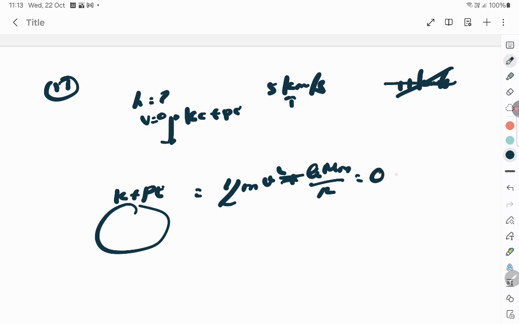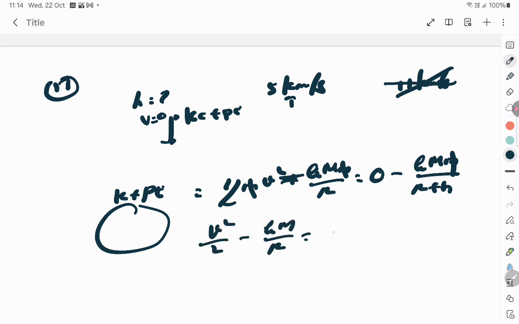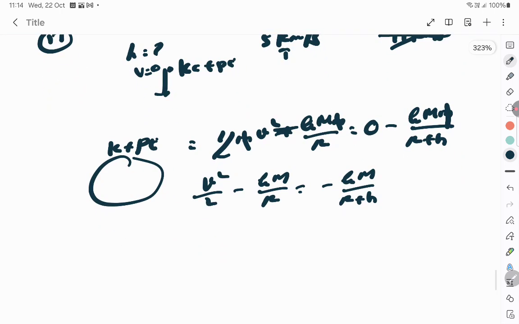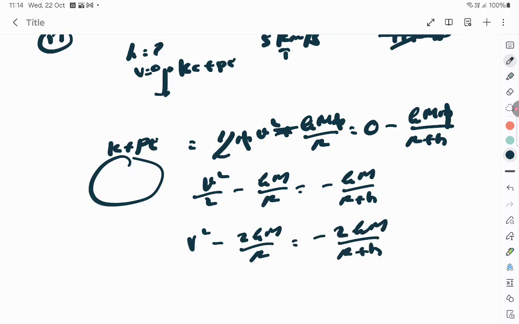It has only potential energy, which is minus G capital M small m by R plus h. So just write this and cancel the small m throughout. So you get v square by 2 minus GM by capital R is equal to minus GM by R plus h. Now just multiply throughout by 2: v square minus 2GM by R is equal to minus 2GM by R plus h.